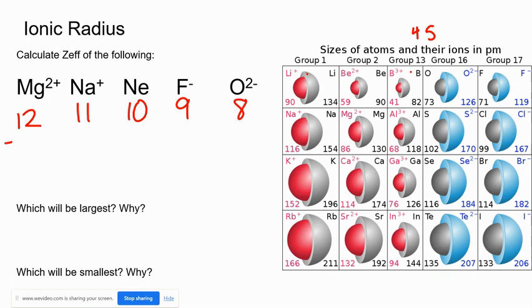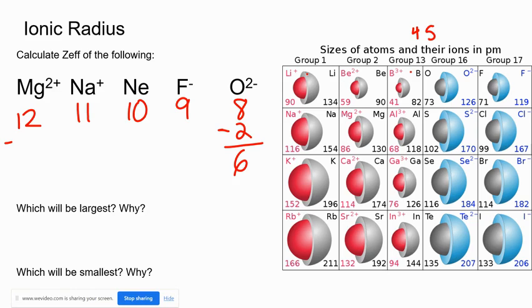So if I have 6 valence, how many core do I have? 2. So oxygen's effective nuclear charge is 6.